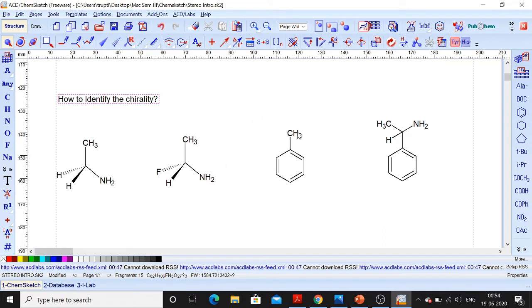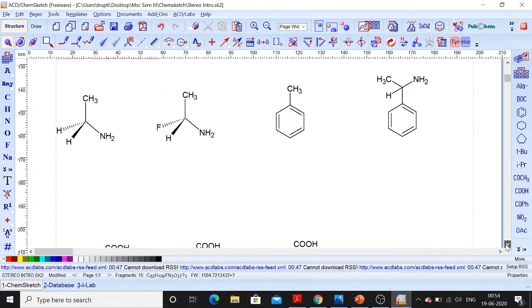Even if I look at the next one, toluene, there is no asymmetric carbon atom in this structure. But if I look at its derivative, I can see a carbon atom attached to four different atoms or groups. We can say this is asymmetric, or chiral in nature.